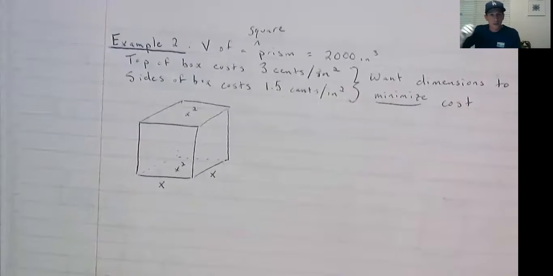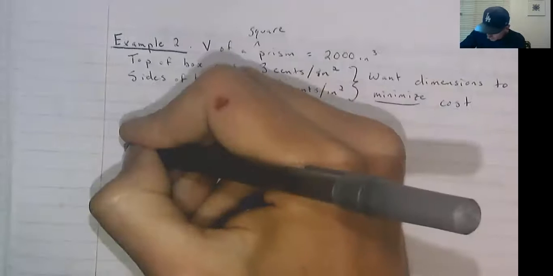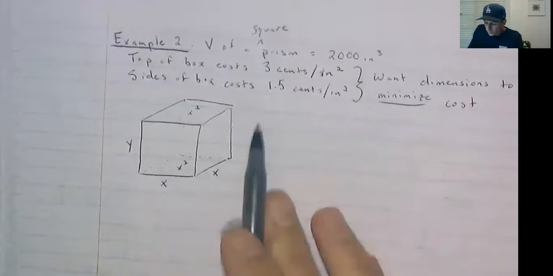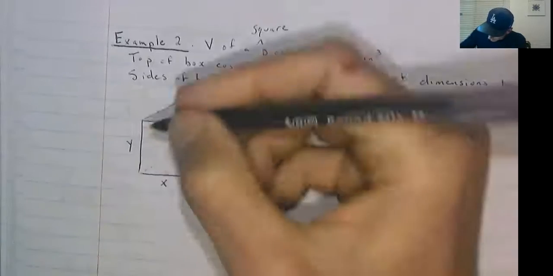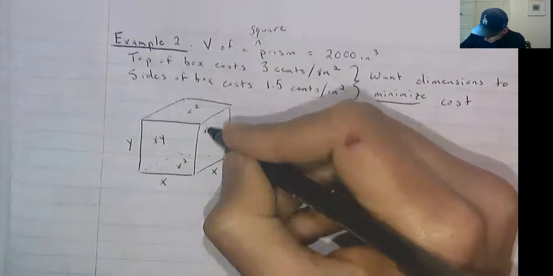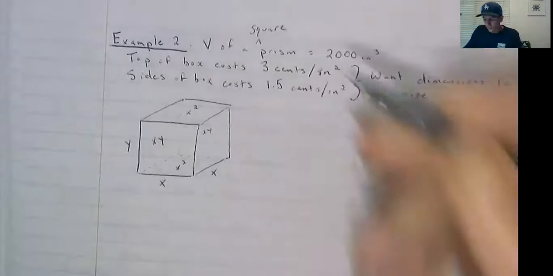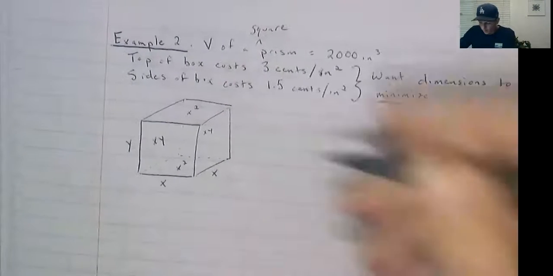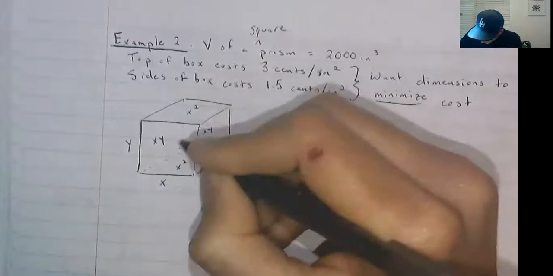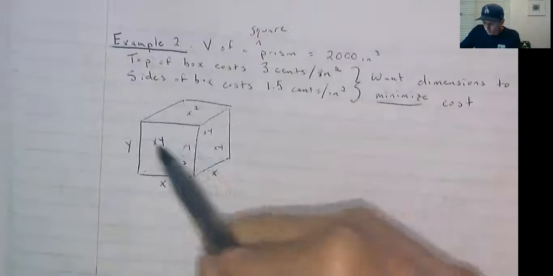And then the height of the box is a different dimension, y. Each of these side panels is going to have an area of x times y. There are four of them: 1, 2, 3, 4.